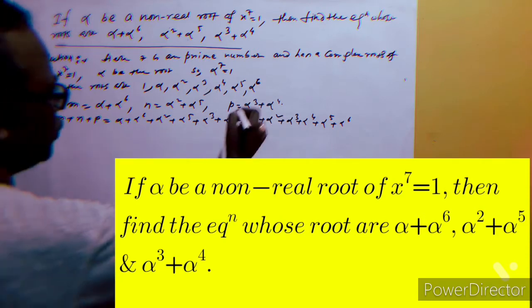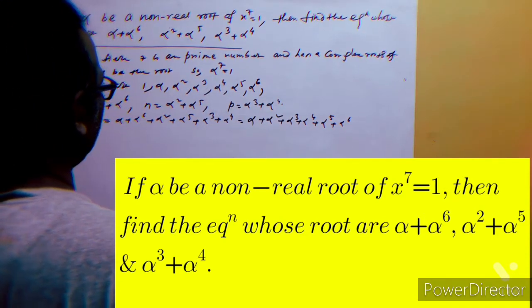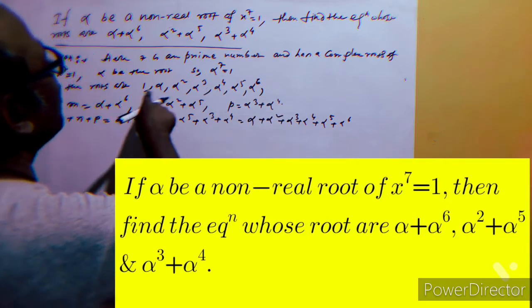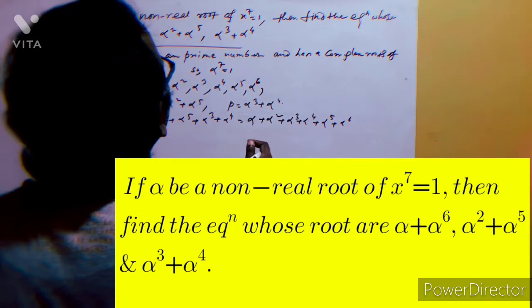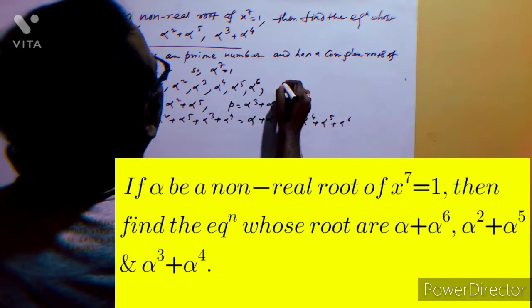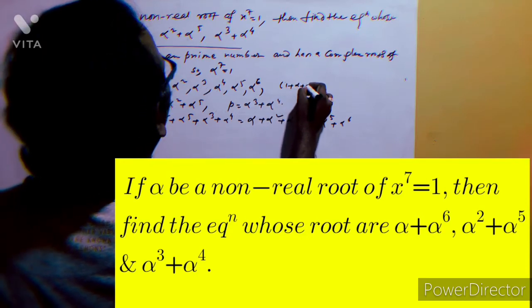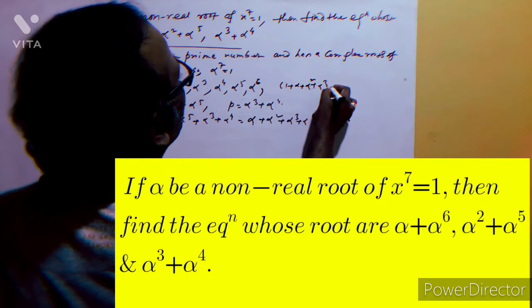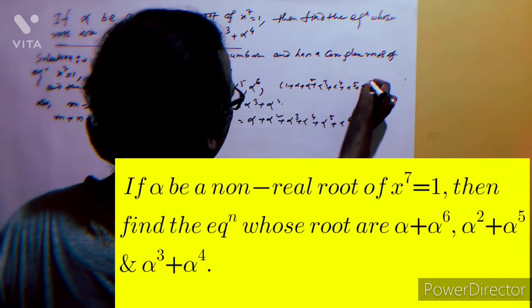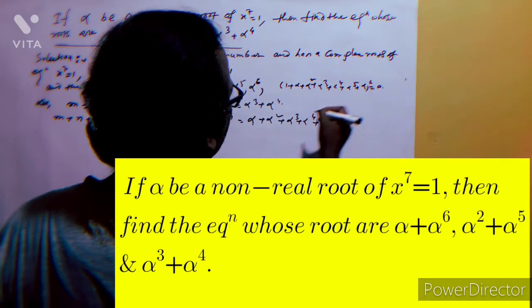From here, the sum of these 7 roots is equal to 0. That is, 1 plus alpha plus alpha square plus alpha cube plus alpha to the power 4 plus alpha to the power 5 plus alpha to the power 6 equal to 0.